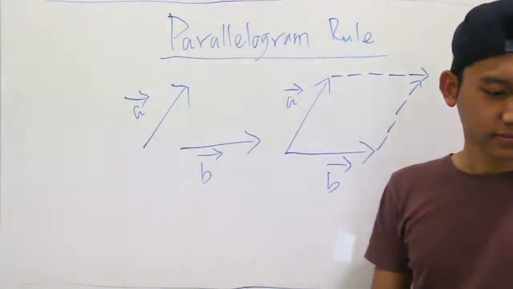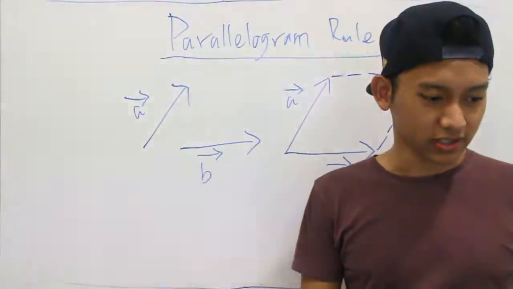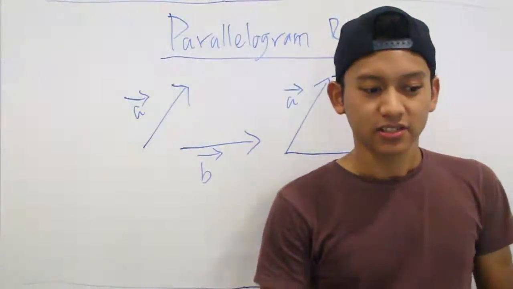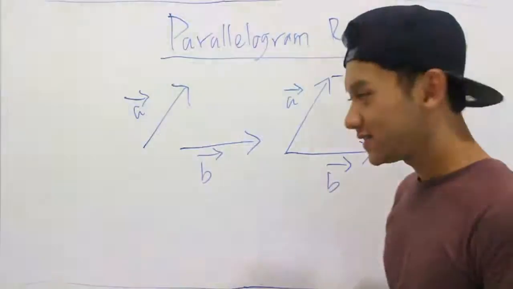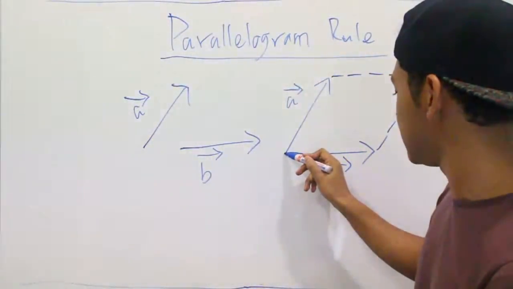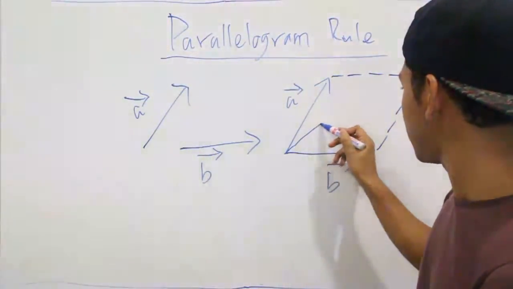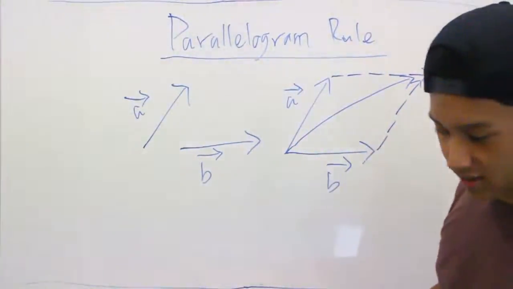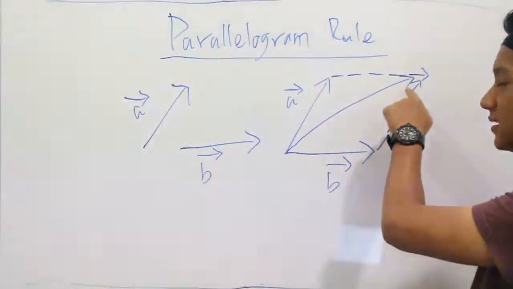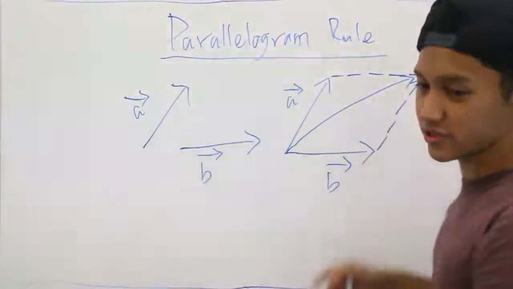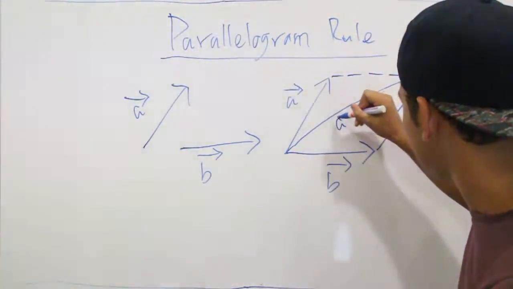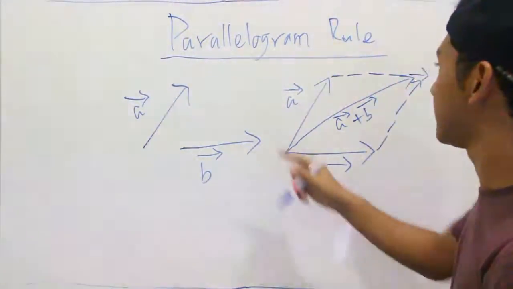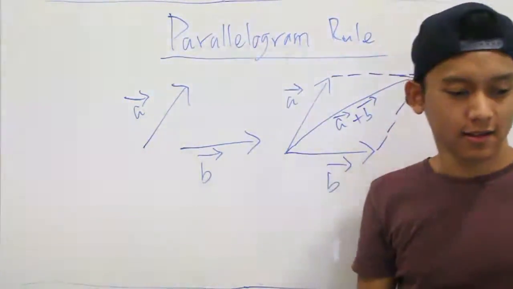The resultant vector is given by the diagonal of the parallelogram, starting from the common tail point. This is the resultant vector, from the tail along the diagonal. That's the resultant vector. This is vector A plus B using the parallelogram rule.